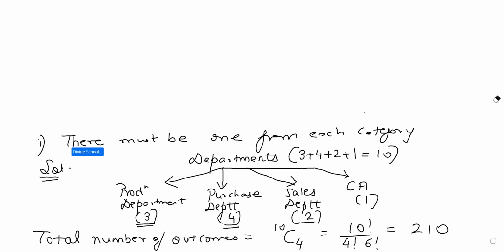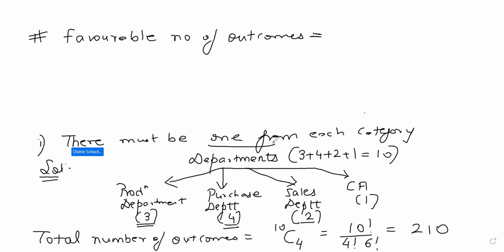Now let's see what are the favorable number of outcomes. I want 1 from each category. That means from 3 people in the production department, I need 1. And means multiply. From 4 people in the purchase department, I need 1.